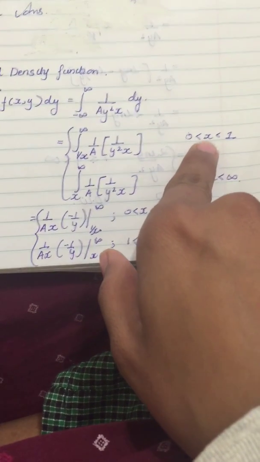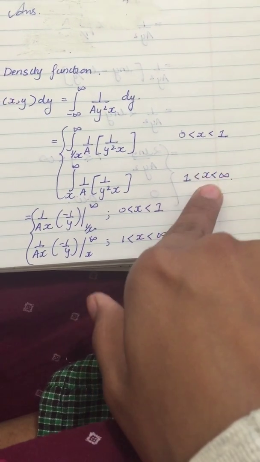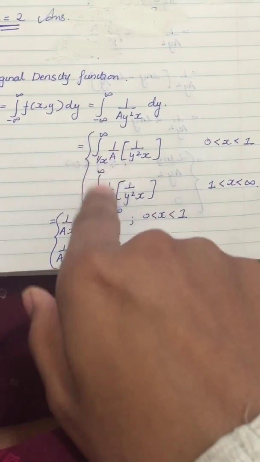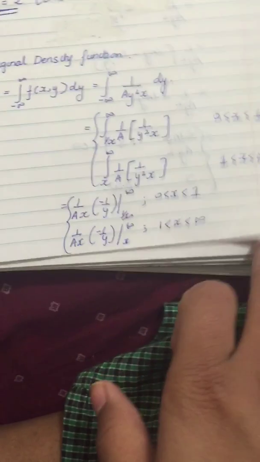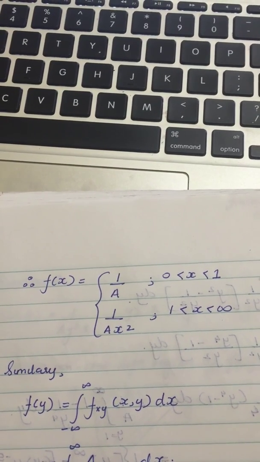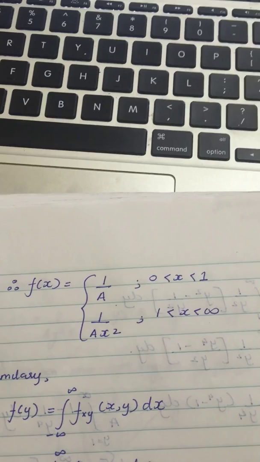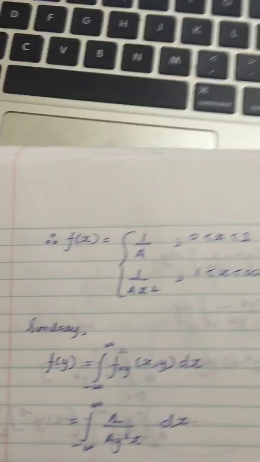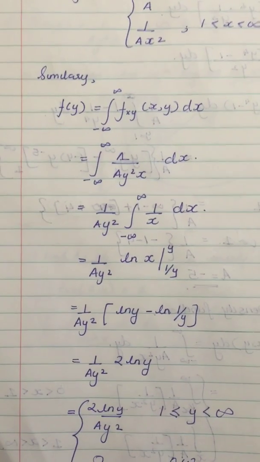In one case x is greater than 0 and less than 1, and in the other x is greater than 1 and less than infinity. So the limits are put accordingly, and once you solve it you will get something like this: f of x is equal to 1 by a for x greater than 0 and less than 1, and 1 by a x squared for x greater than 1 and less than infinity. And then similarly you would solve f of y.